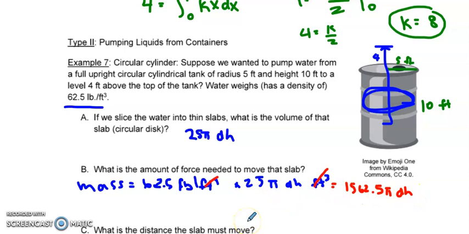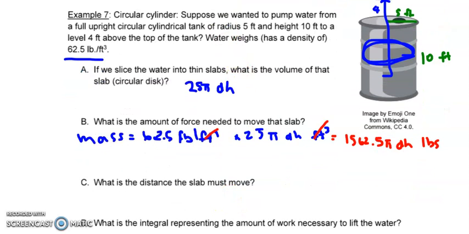Okay, so that is just the mass. Now, this is in pounds, and in the US system, mass and force are the same thing because we don't have to worry about gravity. Pounds already have gravity in them.